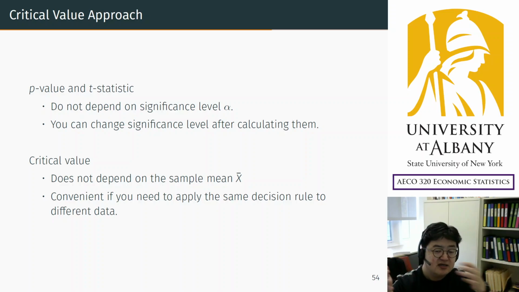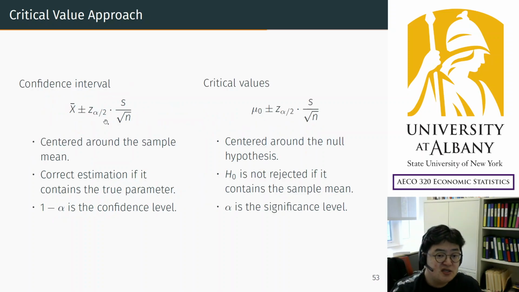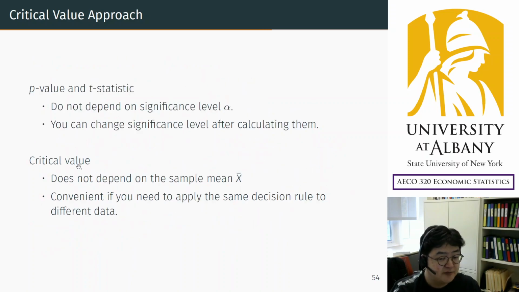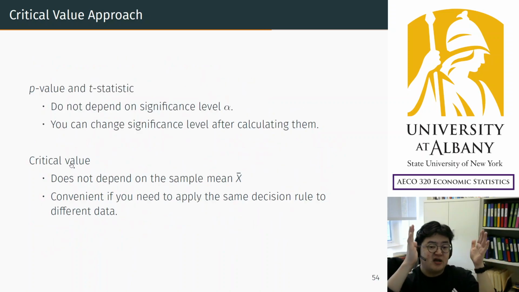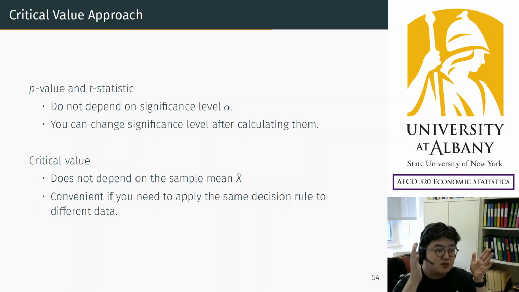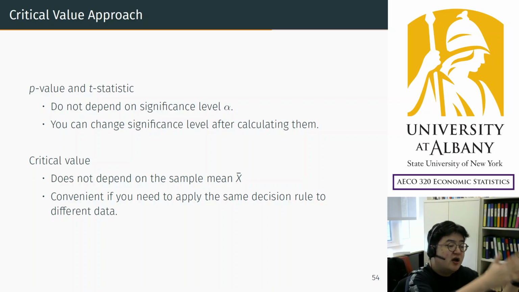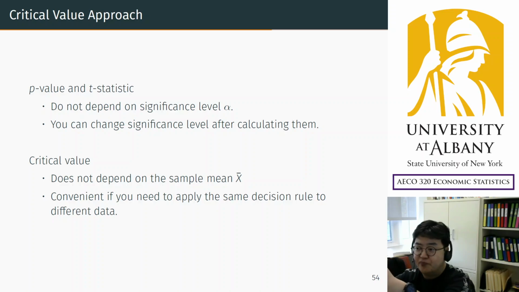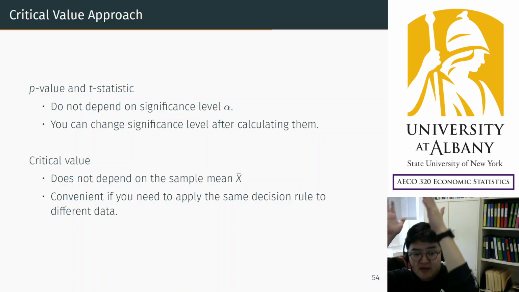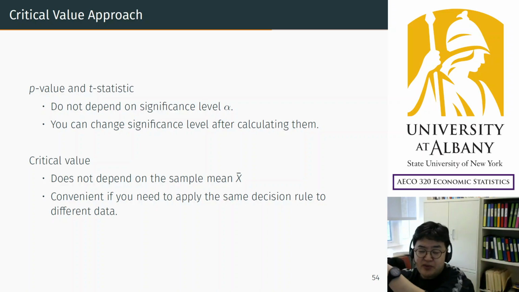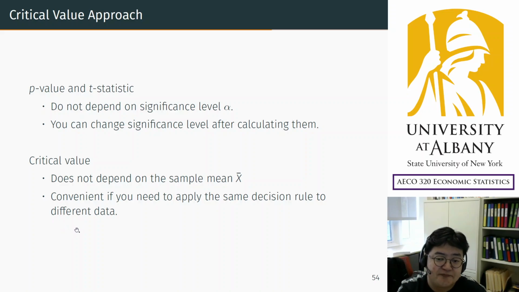Then the critical value may be more convenient, because once you define it, you can calculate the sample mean from this group and compare it to the critical value, and use the same critical value for another group, which may have a different sample mean, but the standard is the same. So if you repeat the hypothesis testing on different data, the critical value is more convenient.